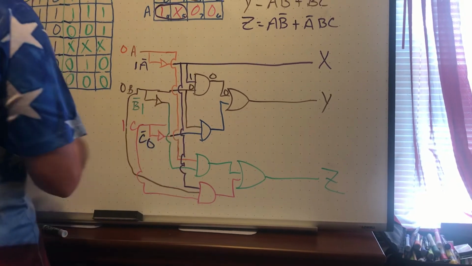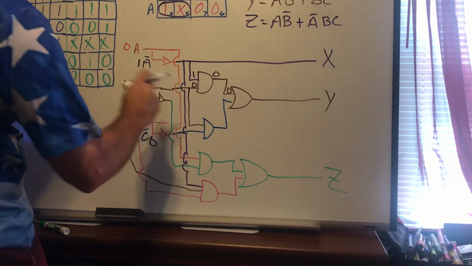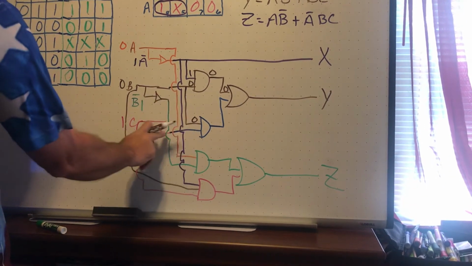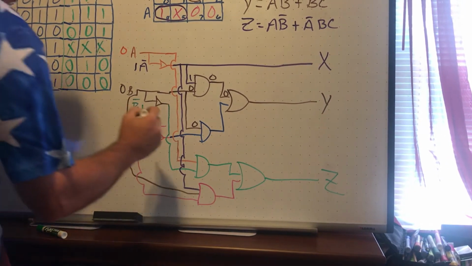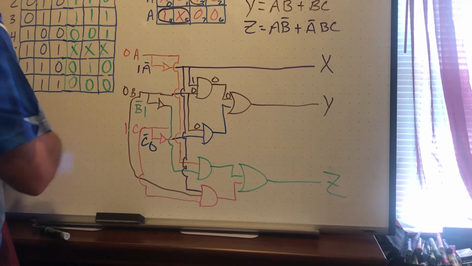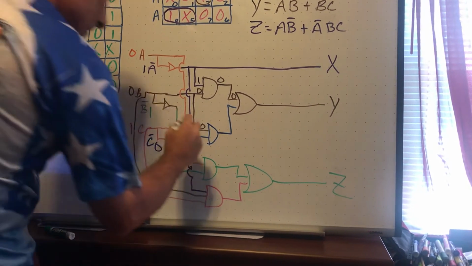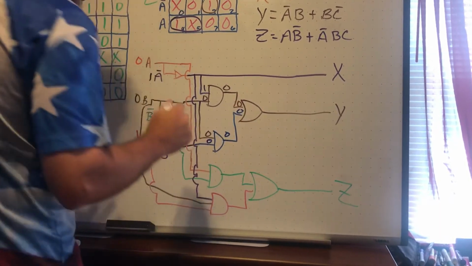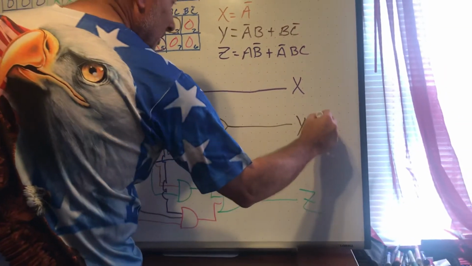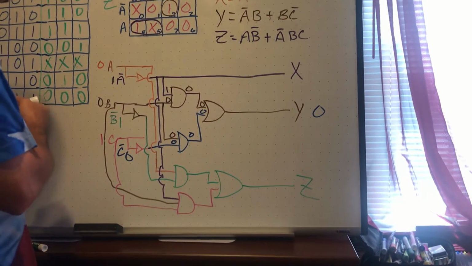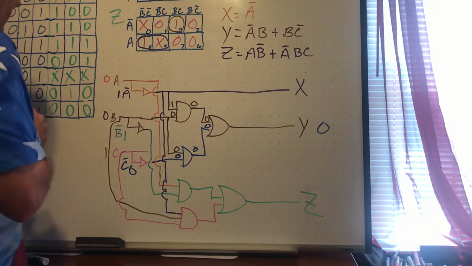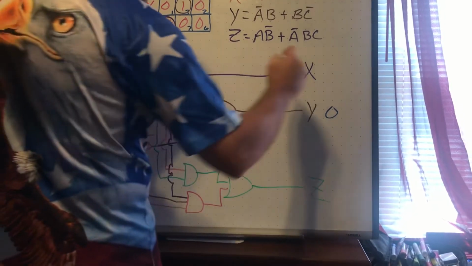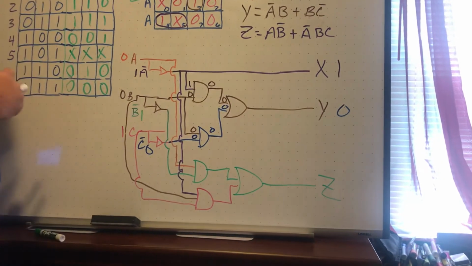Well, I got a 0 coming in here because it's a B. And then I got C naught coming in, which is a 0. 0 and a 0 in gives me a 0 out. 0 and a 0 into an OR gate gives me a 0 out. And since we now got Y, we'll put X in there. Since X is equal to A naught, it is a 1. So I got a 1 out there.